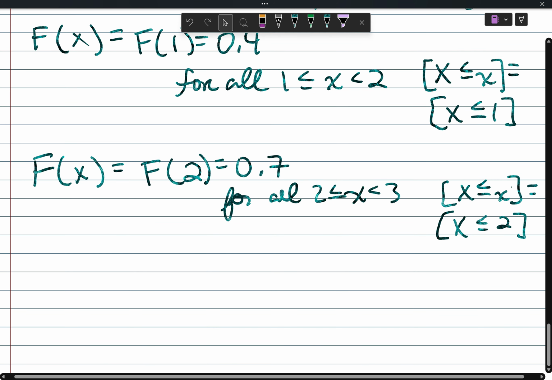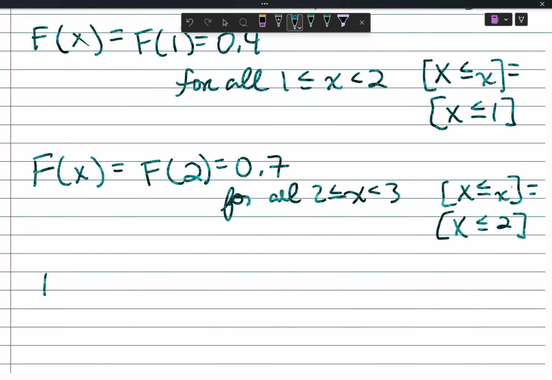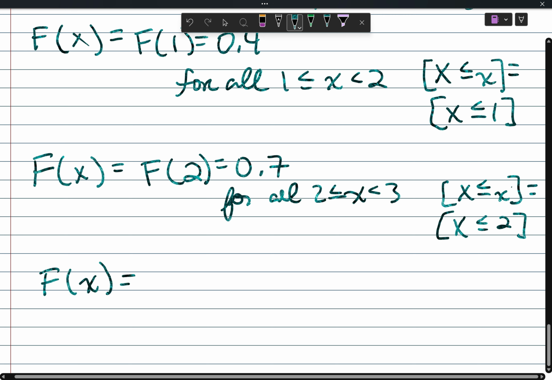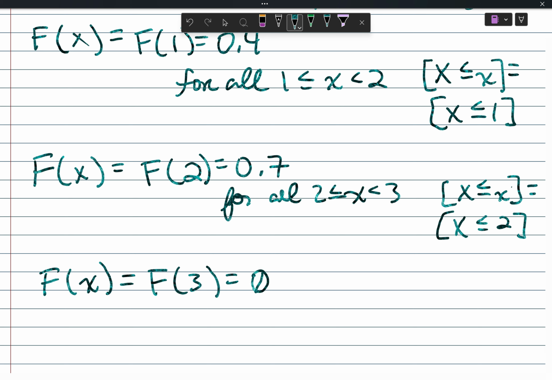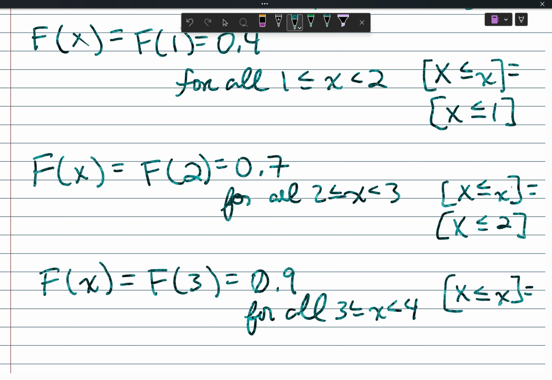Right, and then the next one, F(x) is equal to F(3), and that's going to be 0.9 for all x, this time x being between 3 and 4. And this is because X less than or equal to x is equal to the random variable being less than or equal to 3.